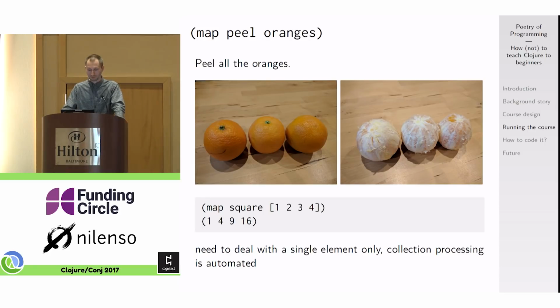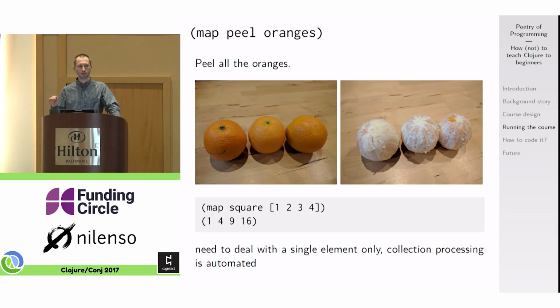Okay, map. We just repeat the same operation for all elements of a collection. We'll peel the oranges, and this was a general advice I had to give the students all the time. All you have to do is figure out how you deal with a single element, because collection processing is automated.